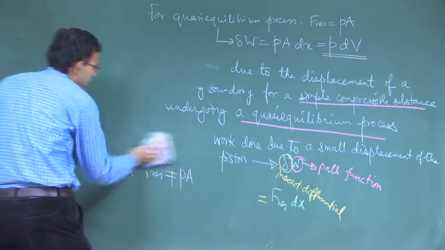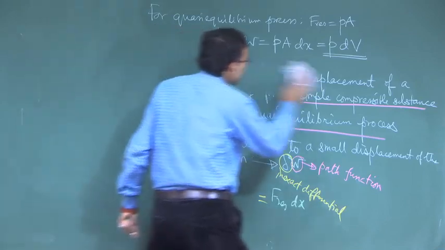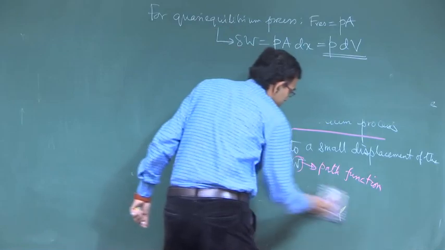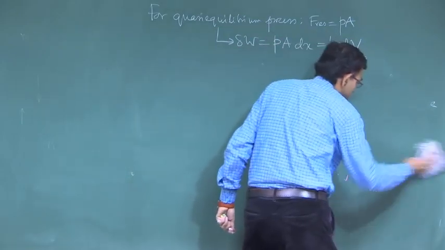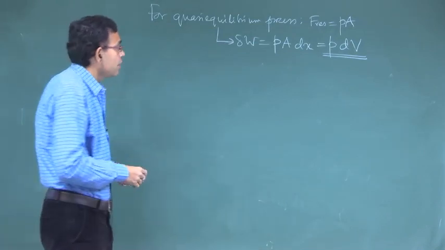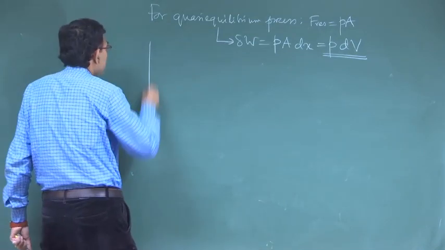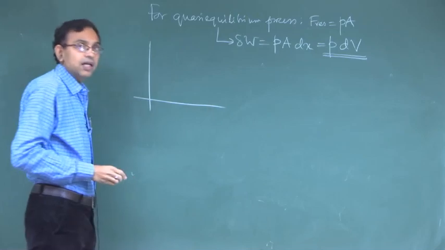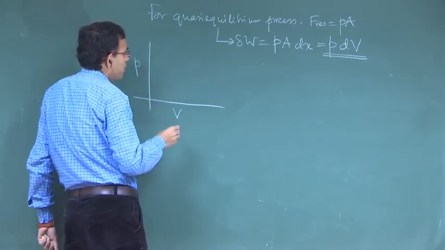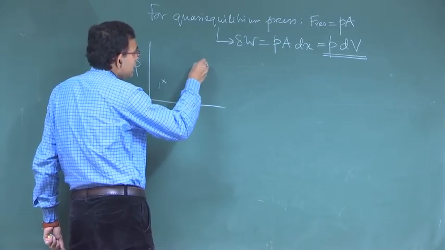So, we will consider two typical examples of how to calculate the total work done. But before that, I will illustrate graphically why this is called a path function. So, on a PV diagram, let us say this is state 1, this is state 2.